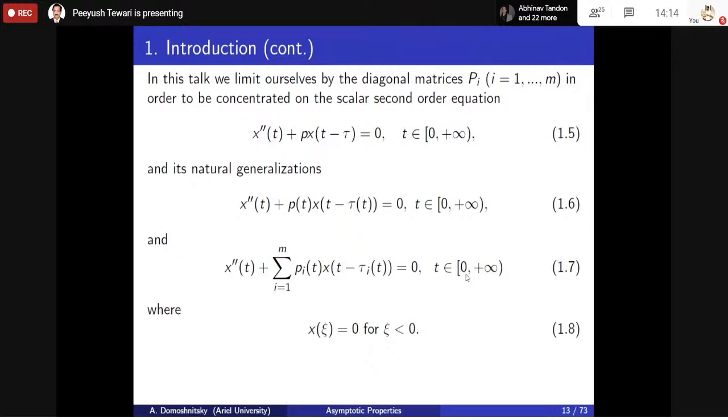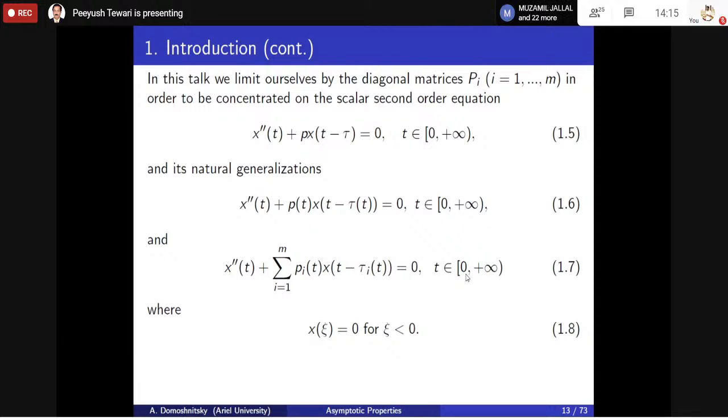Yes, and of course, in all these problems, we have to consider a system of three equations for x, y, and z, but we limit ourselves to only one of the equations, a scalar equation of the second order.